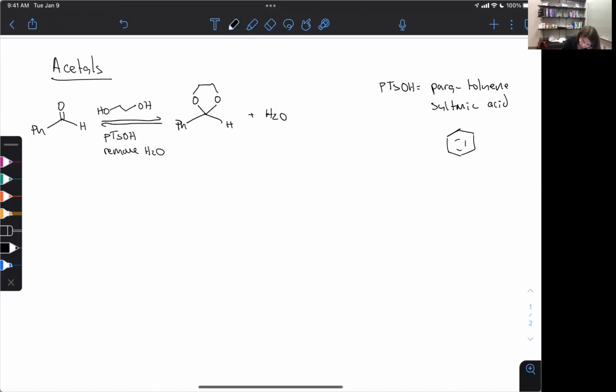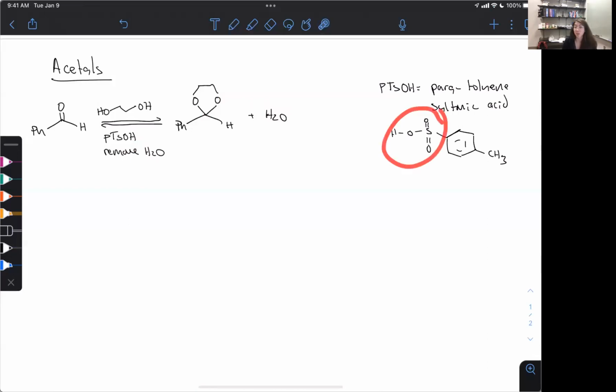We've got a benzene ring, a toluene, right? And then para-sulfonic acid. So this part, it's pretty much just sulfuric acid. It's just attached to an organic component so that it makes it soluble in organic solvents. So that's a pretty nice acid that's often used in these types of reactions.